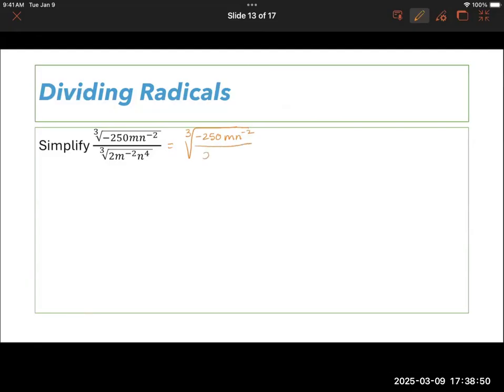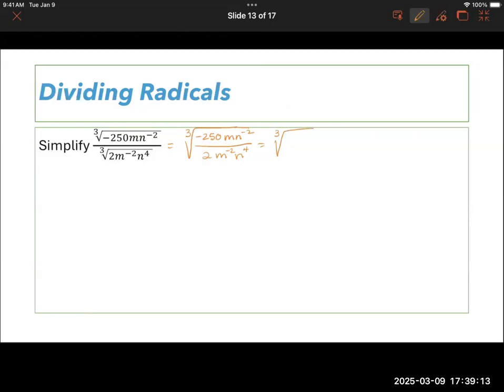And in this case, I think that is helpful because of the repeated variables and the common factor of 2 that we have. So by putting them together into a single fraction that we're taking the cubed root of, that allows me to do some simplifying before I have to take the roots.